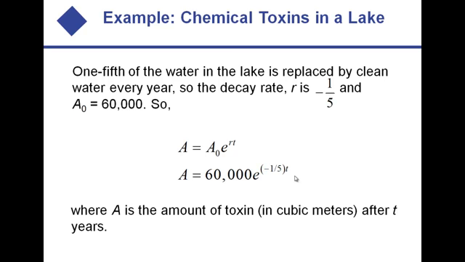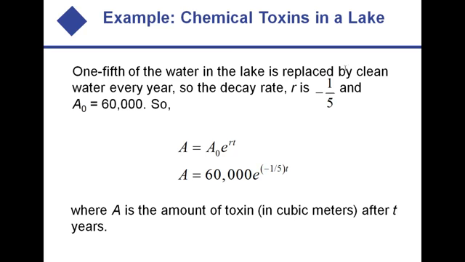If 1/5 of the water in the lake is replaced by clean water every year, the decay rate is -1/5. Every 1 year, when t equals 1 year, the amount is reduced by 1/5. And the starting amount of the toxic chemical is the 60,000 cubic meters that were first put into it.